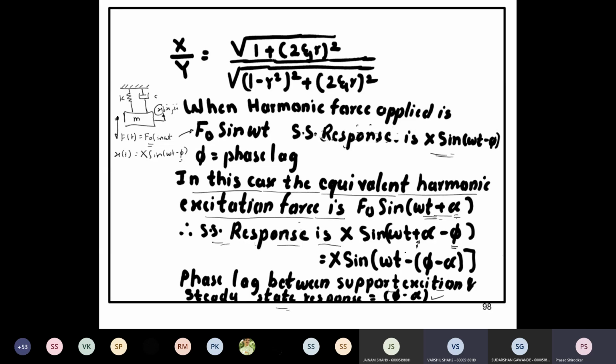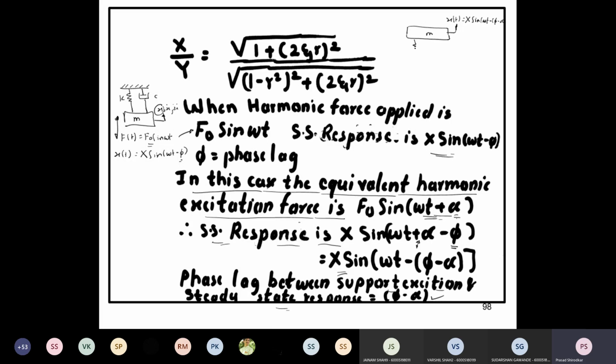Okay, sir. Alright, so now our case is what? You have a mass m which is moving with x, or let me write it as x of t is equal to capital X sine omega t minus phi minus alpha, right? This is all for the mass. That is what we have derived here.